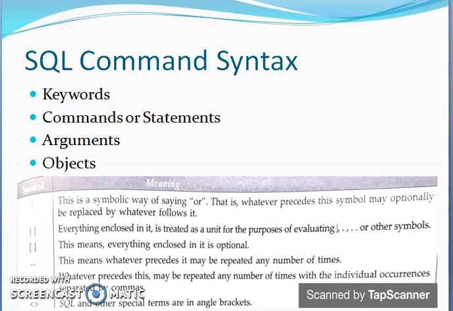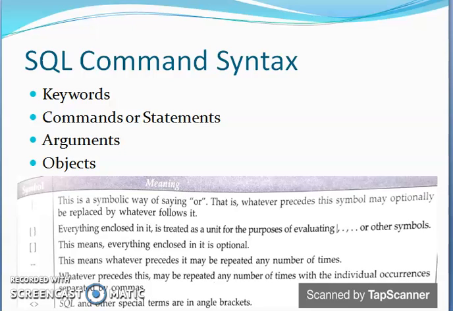Keywords are words that have special meaning in SQL. We already studied in Python what a keyword is. Then commands or statements, just like in Python, are instructions given by you to the SQL database. Commands consist of one or more logically distinct parts called clauses.